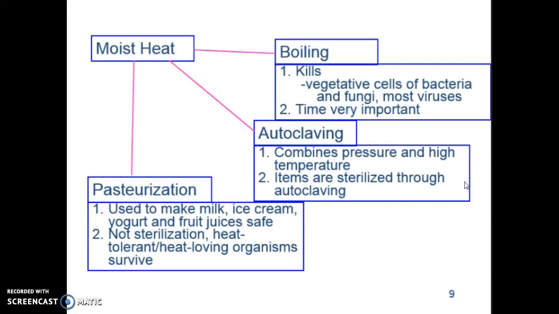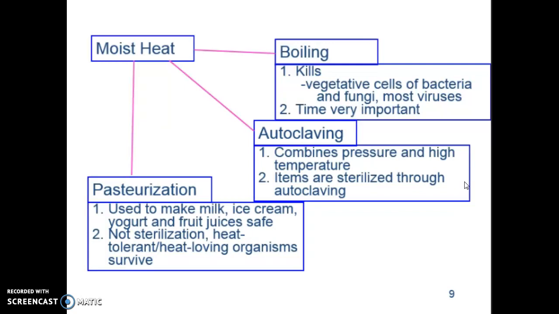All right, so just a different way to look at moist heat. You have boiling, you have autoclaving, and pasteurization. Boiling is boiling. All right, we boil water on the stove, in the microwave, and what that does is it kills vegetative cells, so the metabolically active cells, bacteria, fungi, and then most viruses.